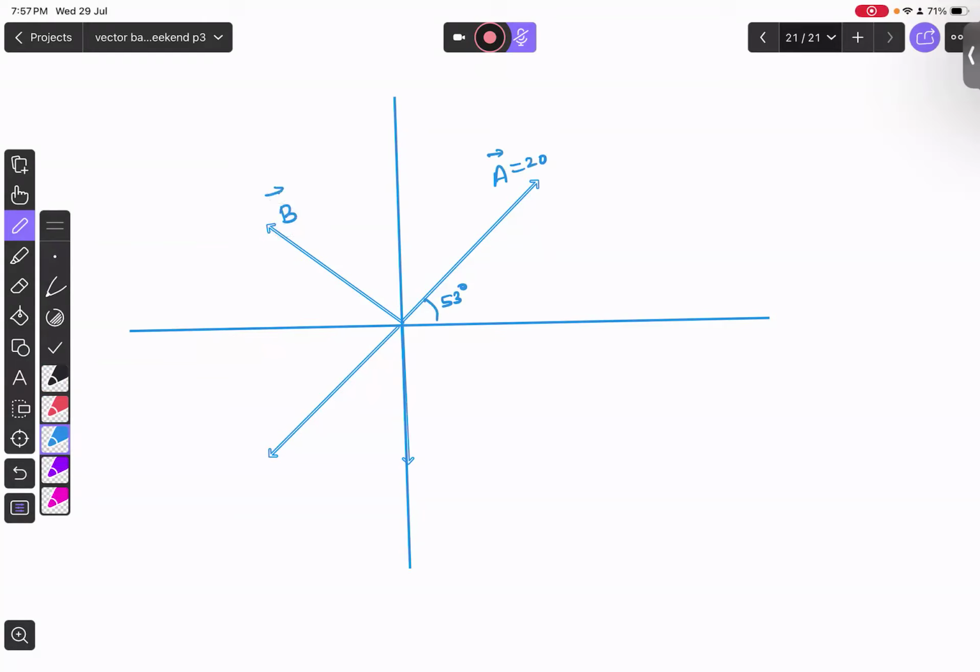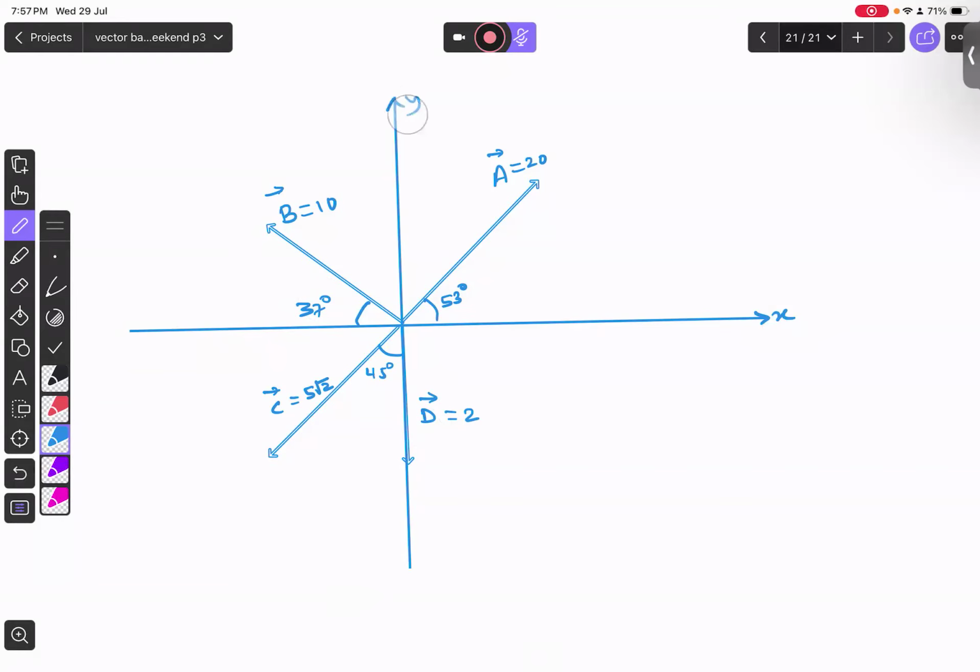This vector B of length 10 making an angle of 37 degrees. This is vector C, which is 5 root 2 in length and making an angle of 45 degrees. And this is vector D, which is of length 2 units along minus y direction.